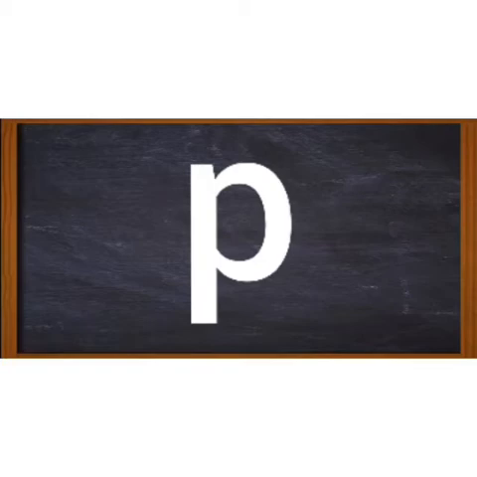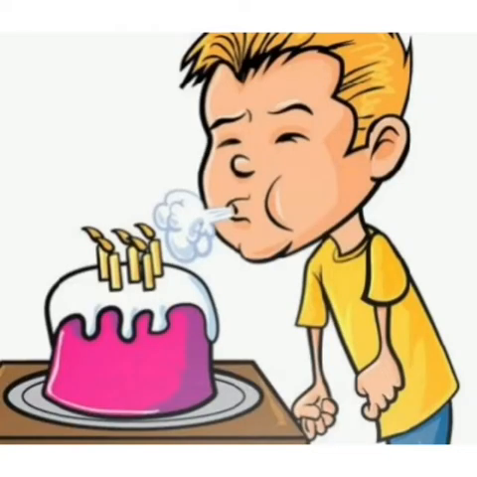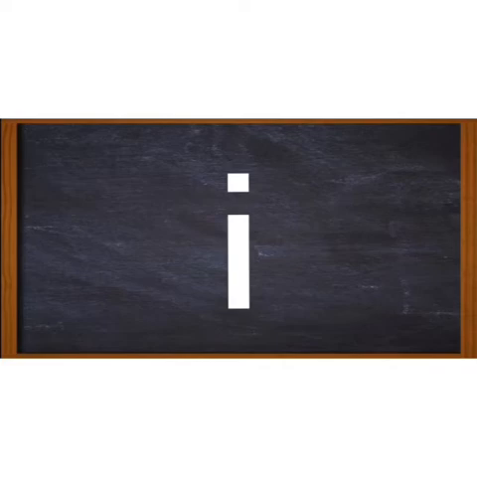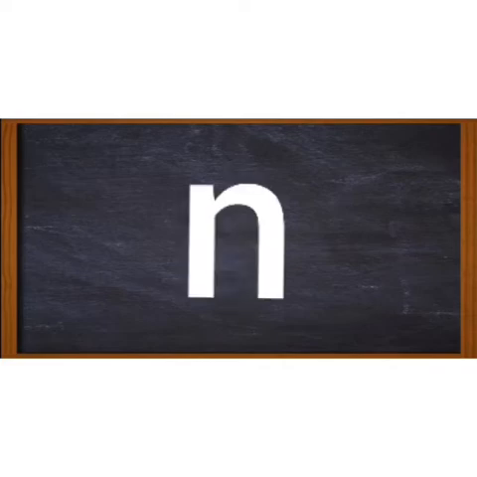Okay, let's go to the next one. Letter P. Letter P sounds P. You puff out the candle. The next one, i. Letter N sounds n, and that is the third one.